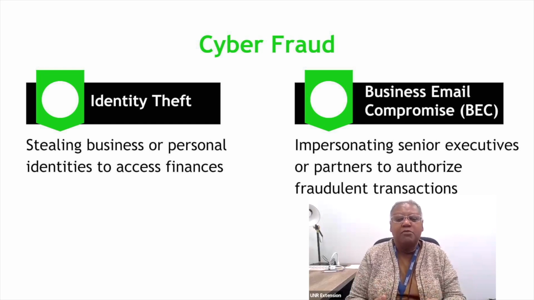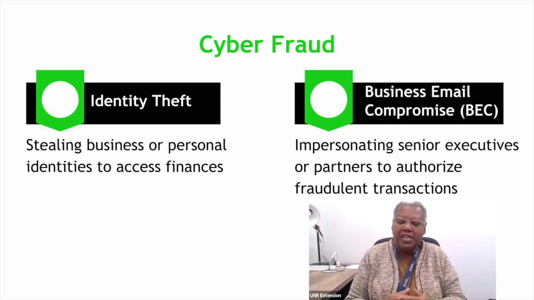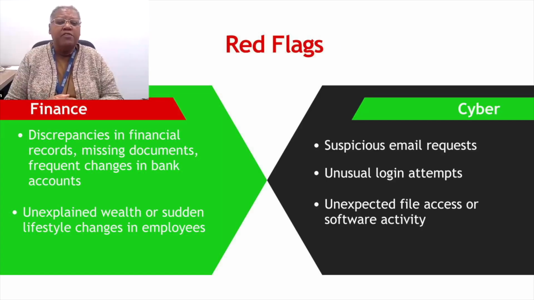So you get something from the owner of the company that says to do X, but the owner did not send you that email. So again, if something looks off, take the time to find out, is it real or not? And what kind of red flags pop up?